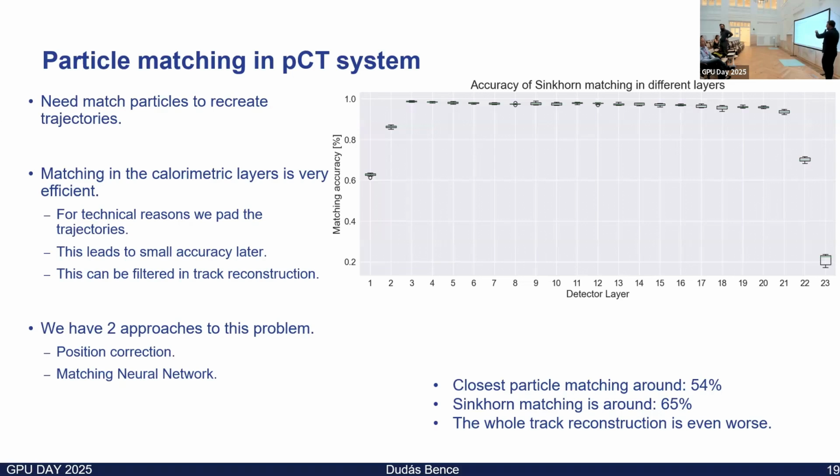But because of this, when the particles go through these materials, they have much bigger scattering. So they scatter more and more and more. And of course, based on this, we can reconstruct the energies, but the problem is the original scattering cannot be constructed back. So we need these first two.